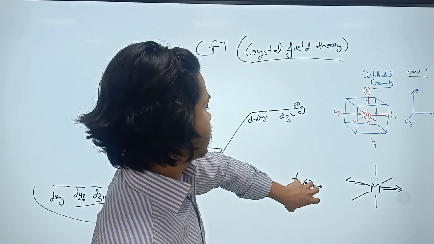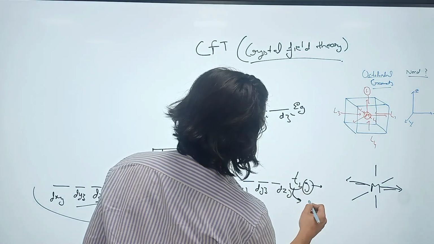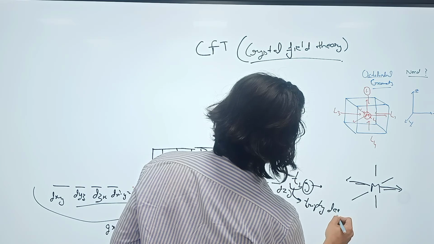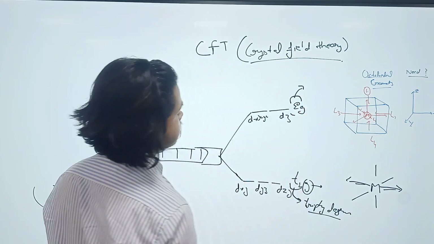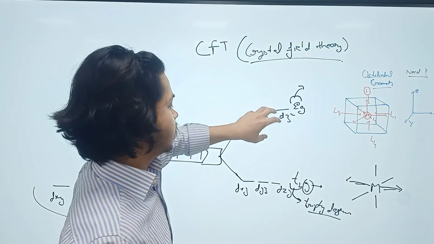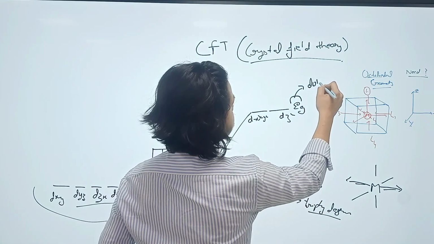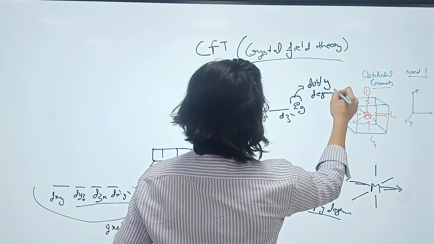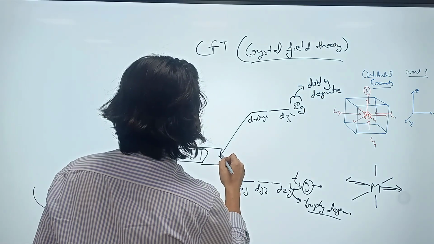T2 means triply degenerate, and E means doubly degenerate, meaning three orbitals have the same energy and two orbitals have the same energy.